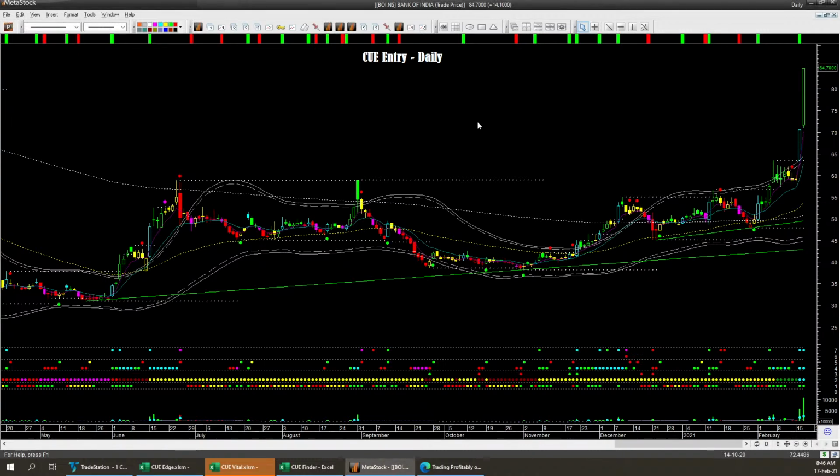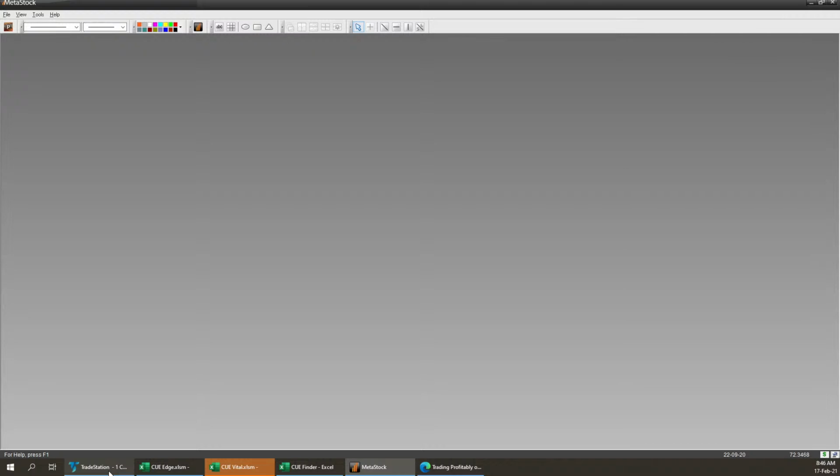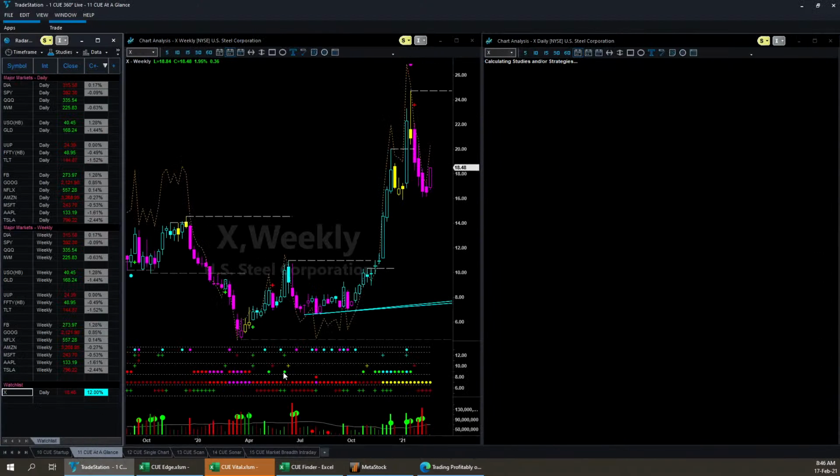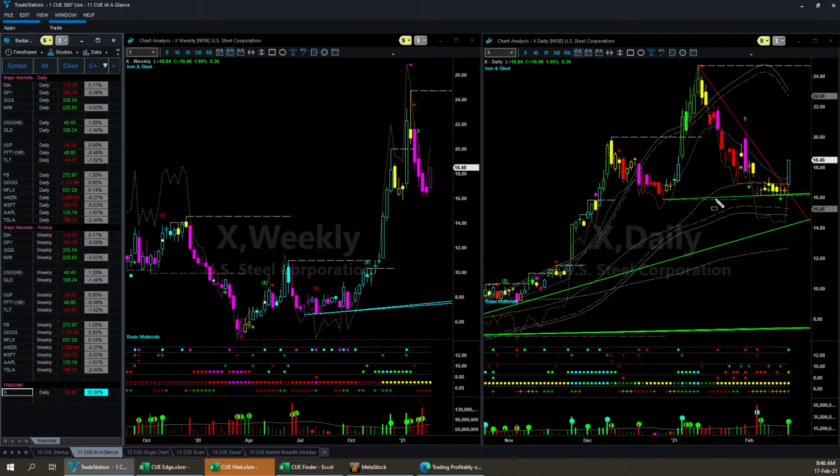Now let's take an example of a similar move in the USA market as of yesterday. That is X, US Steel. Exactly the same pattern, it was moving inside a very narrow range. Then yesterday it sharply moved up.